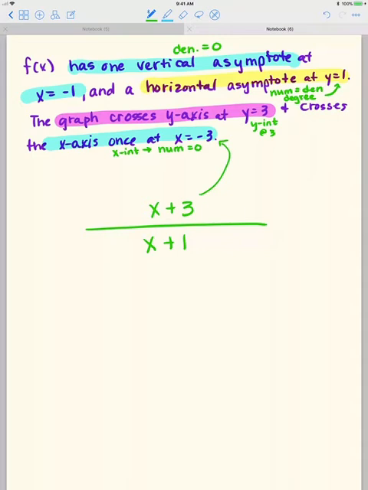The only other thing that we need to make sure it satisfies is that it has this y-intercept at 3. Remember, a y-intercept at 3 is where x is 0. And we also need to make sure that our coefficients, like the x over x, give a ratio of 1. So if you recall from before, when we did a polynomial, there was a constant out front, a top polynomial, and a bottom polynomial.